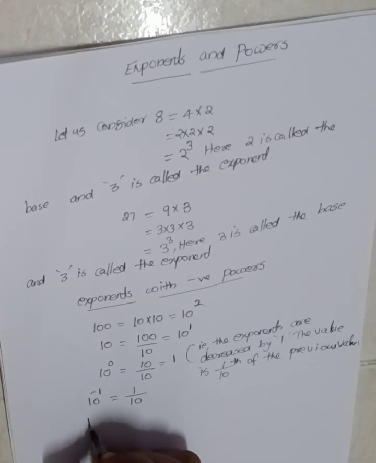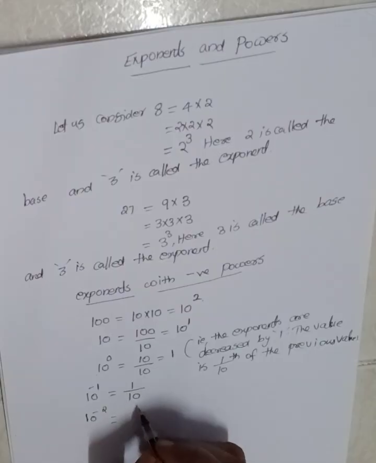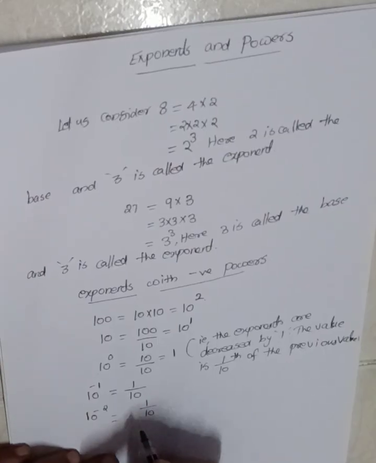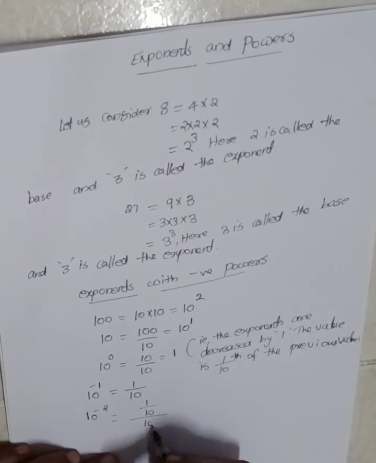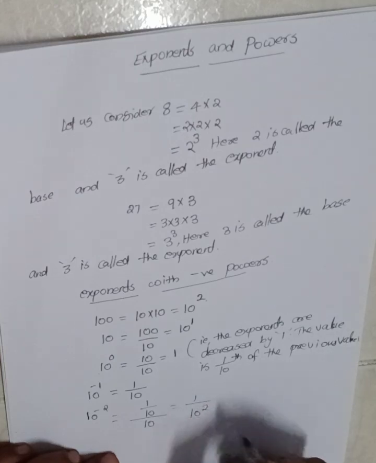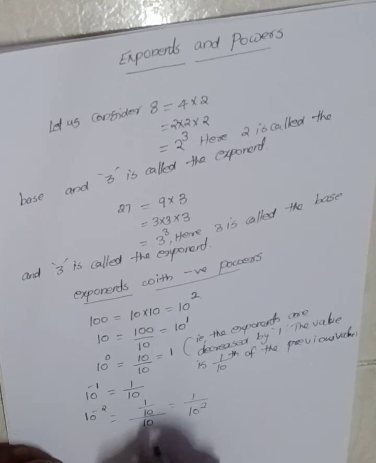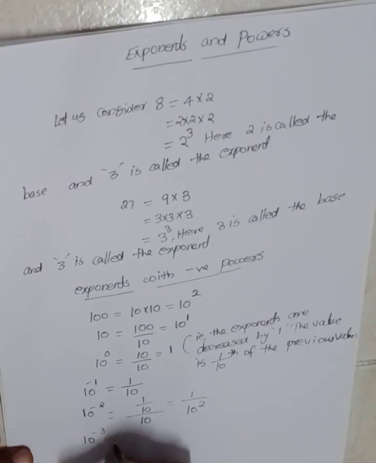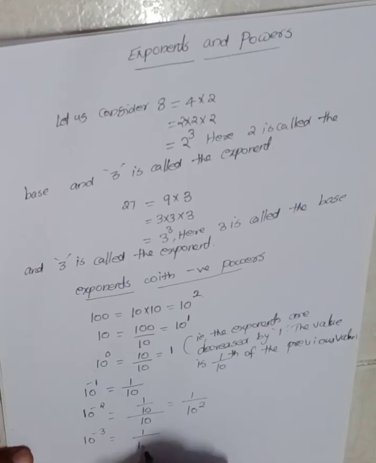Next, considering 10 raised to minus 2, it is equal to 1 by 10, the previous value, divided by 10. That is equal to 1 by 10 squared. Similarly, 10 raised to minus 3 is equal to 1 by 10 raised to 3.